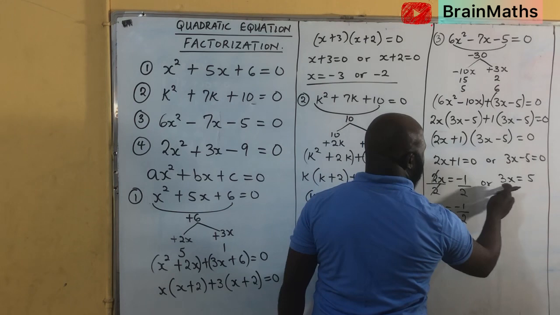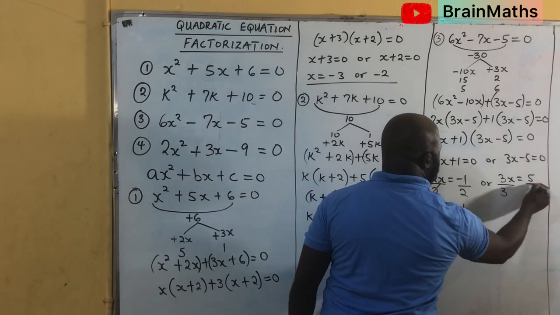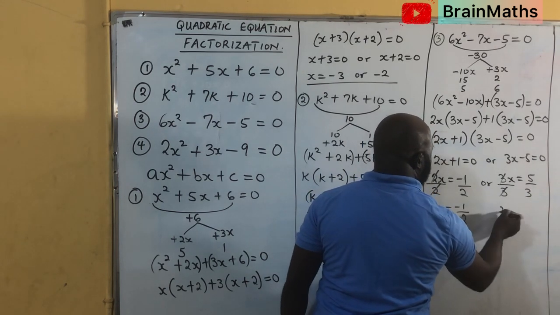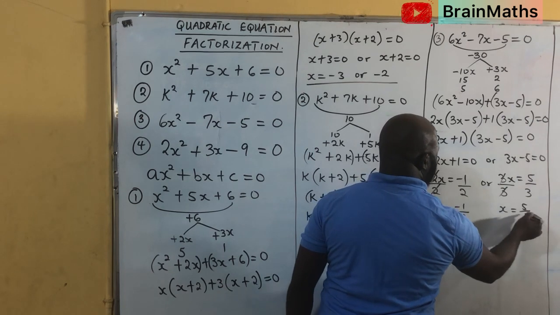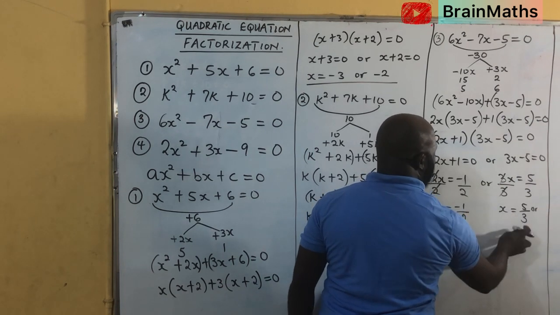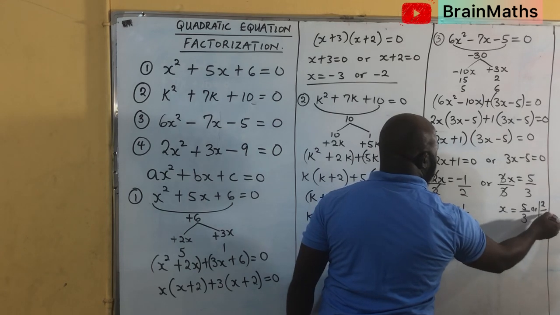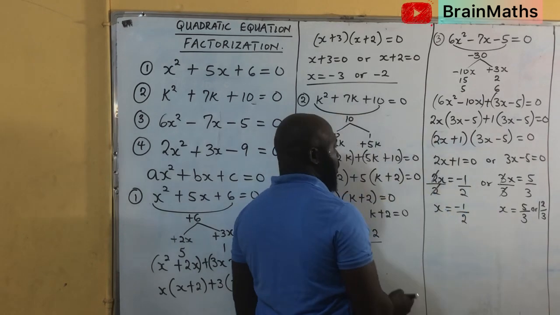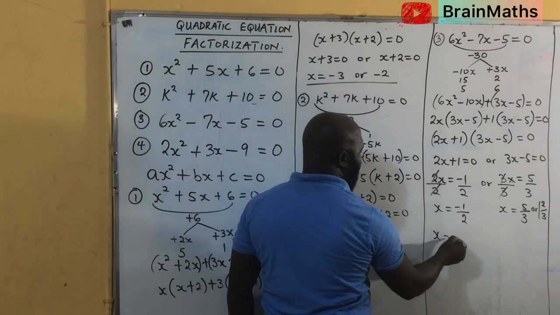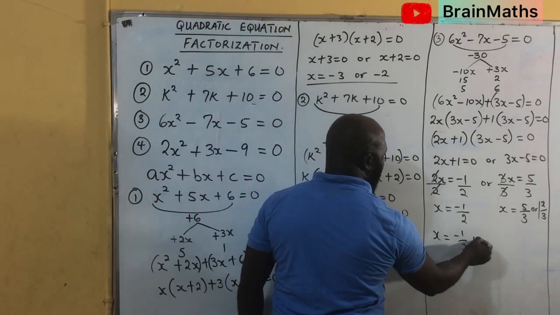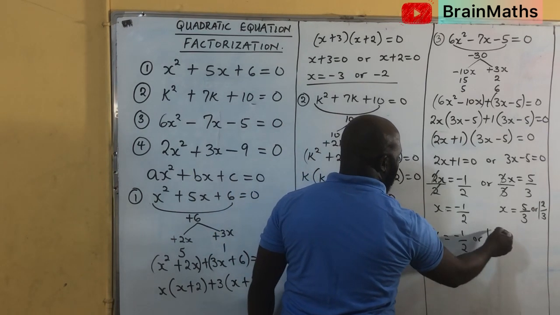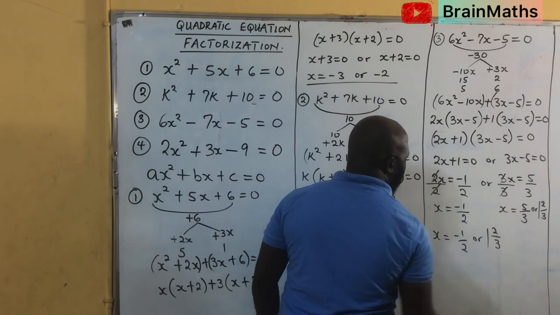Then we divide both sides by the coefficient of x, which is 3. And our x on this side will be 5 over 3. Or how many 3 in this? 1, 1 and 2 over 3. So our final answer will be x equals minus 1 over 2, or 1 and 2 over 3.